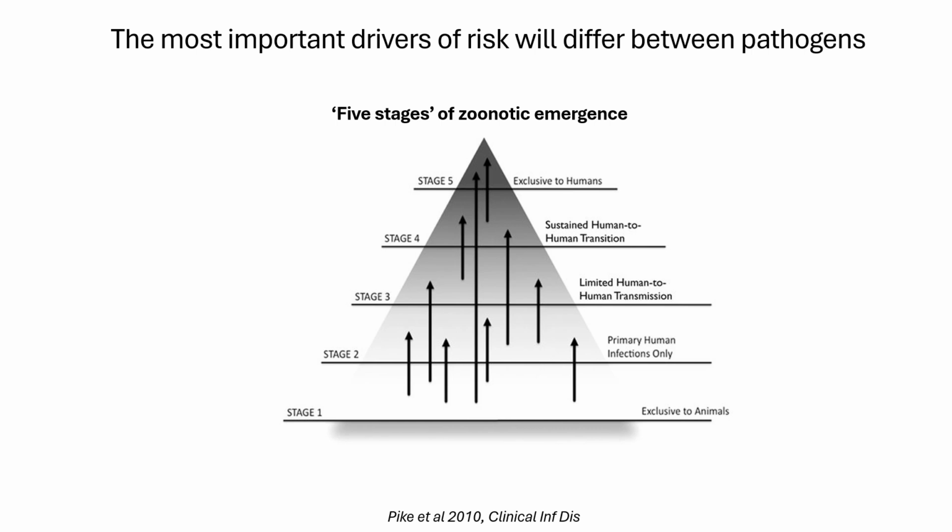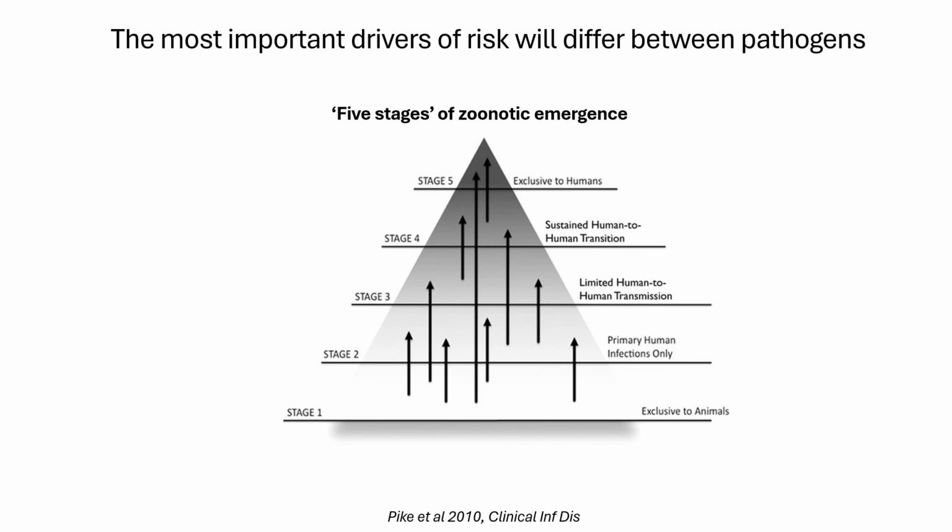Stage 1, these are pathogens that circulate exclusively in animals. Stage 2, these are pathogens that can infect humans and cause primary human infections and disease, but don't normally transmit onwards from there in a human-to-human sense. So human infections are really driven by contact with wildlife.